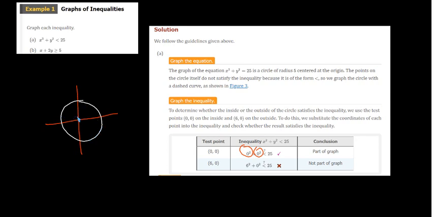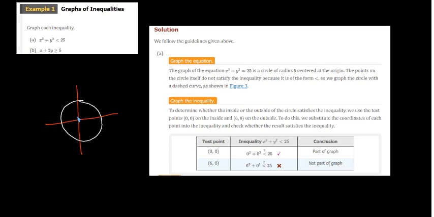But in this particular example, we're also going to use the point 6, 0. While I'm at it, basically the same thing we talked about before: if you have the number 0 available to use as a test point, then use it, because 0 is super easy to add, subtract, multiply, and divide. So we're going to use test point 6, 0.